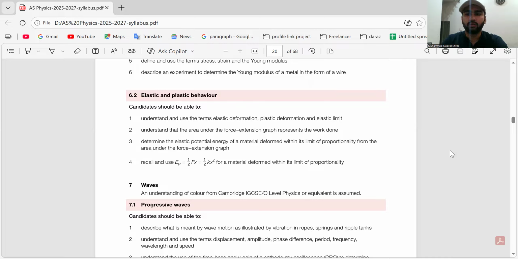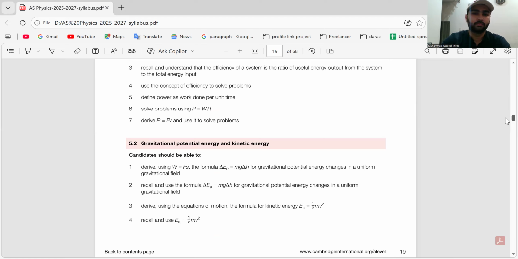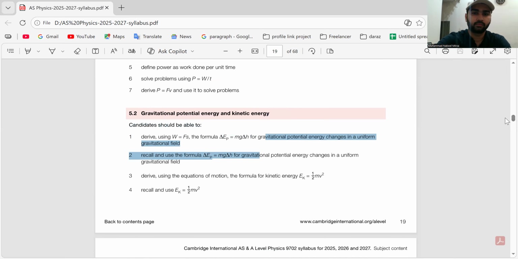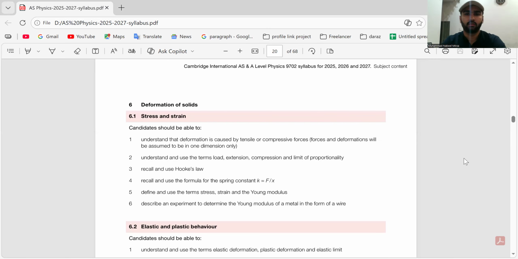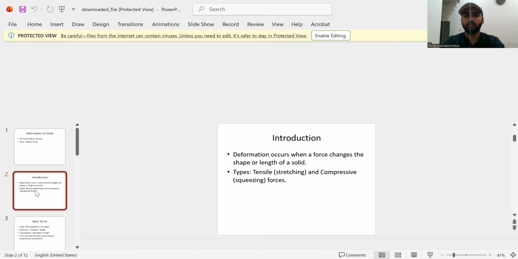Now we are going to discuss all of these points in detail. The introduction of deformation of solid.